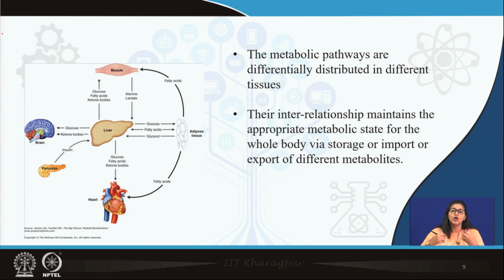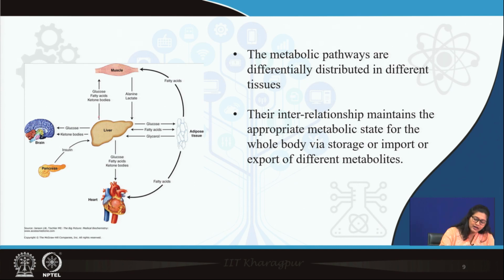Liver decides which nutrients are to be supplied to which organ, who should be given the priority, who needs it now, who can be provided later, which metabolite can be exchanged at different stages. So, liver is the central hub of metabolism.